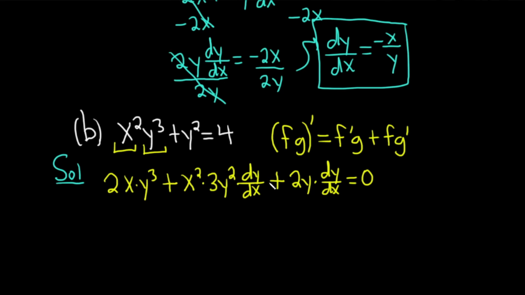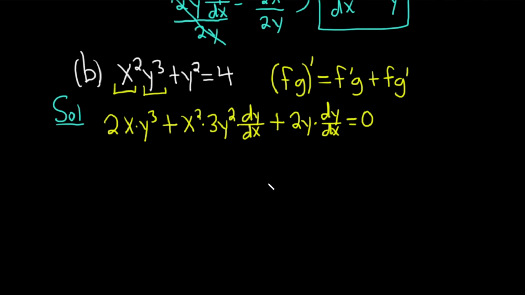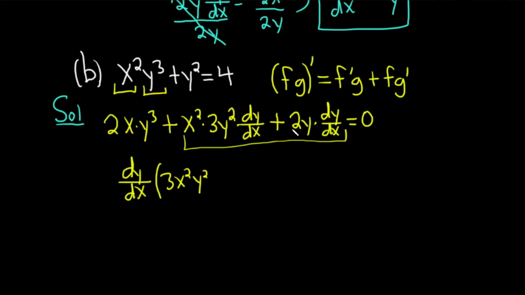All right, I'm going to show you how I simplify this, and I think it's good. That's the way I do it. So we're going to factor out a dy/dx from everything I've underlined. So we have dy/dx, parentheses, and let's see what's left here: 3x squared y squared, then plus a 2y.